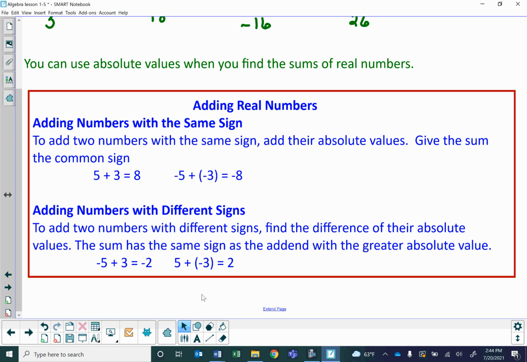If you have different signs, to add two numbers with different signs, find the difference of their absolute values. The sum has the same sign as the addend with the greater absolute value. So in other words, you pretend the numbers don't have negative signs. Subtract the smaller number from the bigger number, and whichever number was bigger, if it was positive, you make your answer positive, and if it's negative, you make your answer negative.